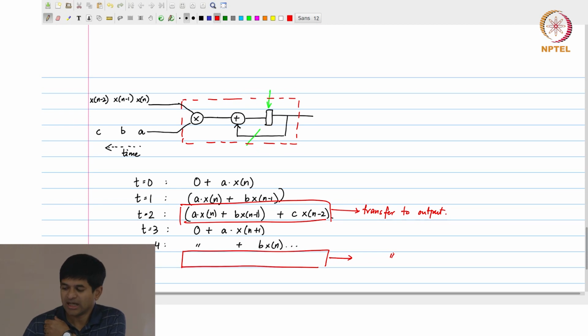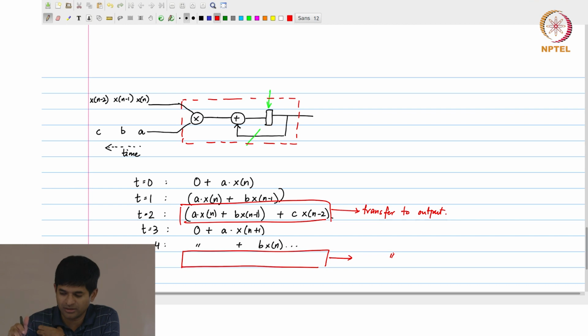So my hardware architecture is now using one multiplier, one adder, one register. And there is actually quite a bit of extra support circuitry over here that I have not shown. What kind of support circuitry do I need? I need some shift registers that are going to hold the x of n values. That still remains.